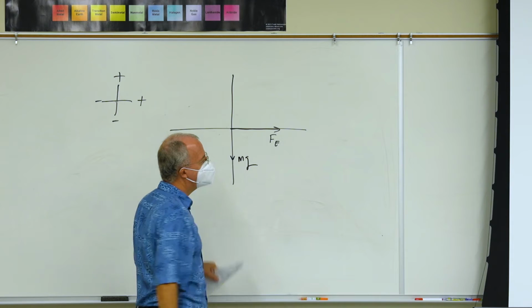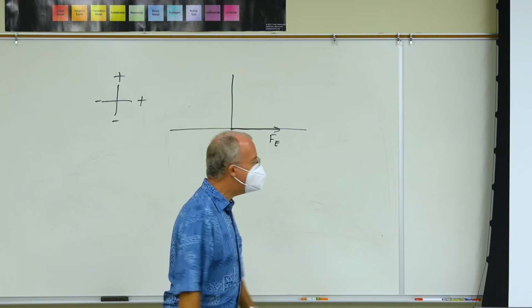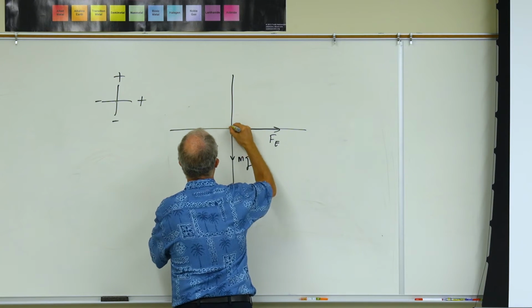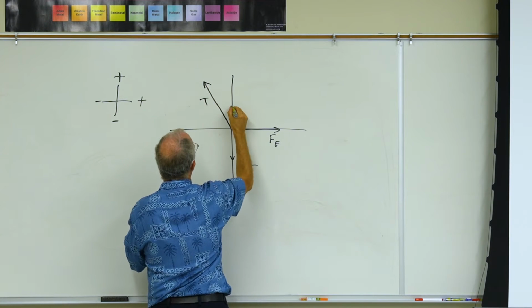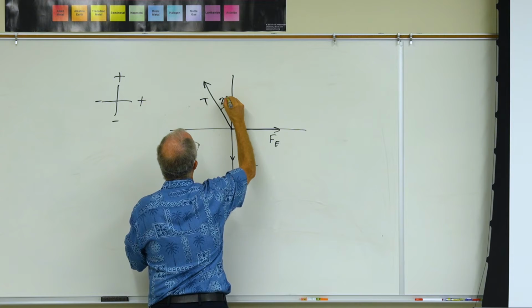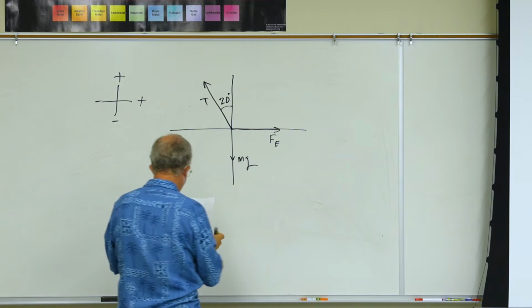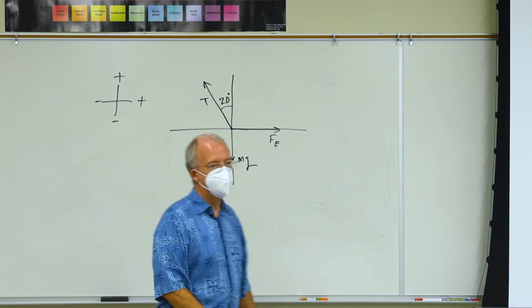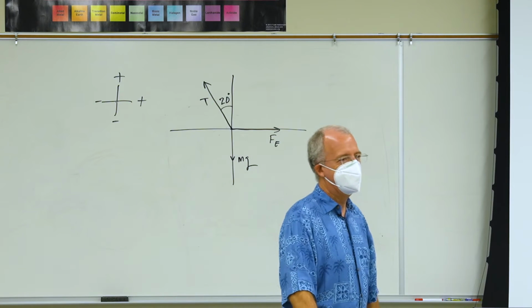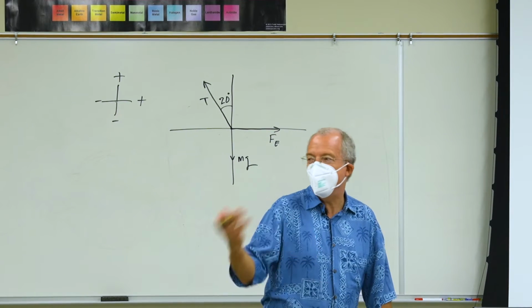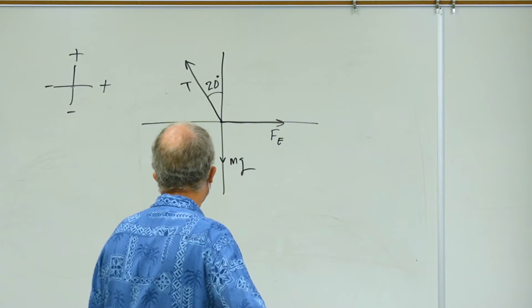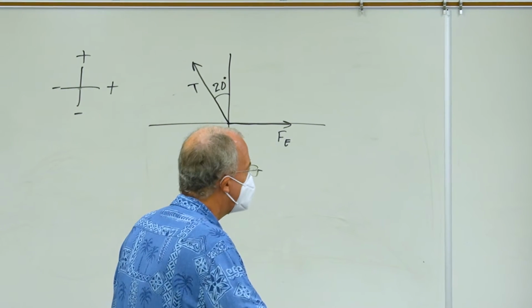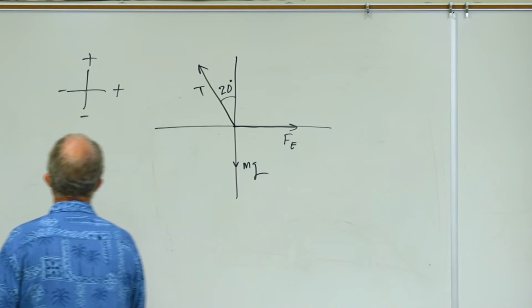What else? Tension. Okay. All right. Anything else? It's been too long. Yeah, I know. That's why I'm doing this, just to get those brain cells going again. Okay, anything else? Nope. All right, it's equilibrium.